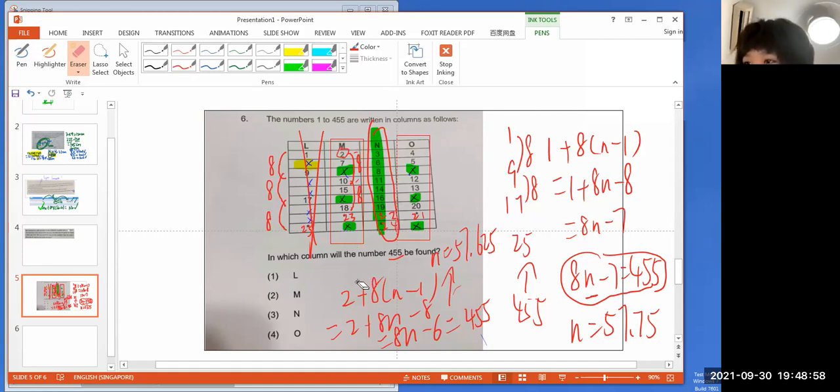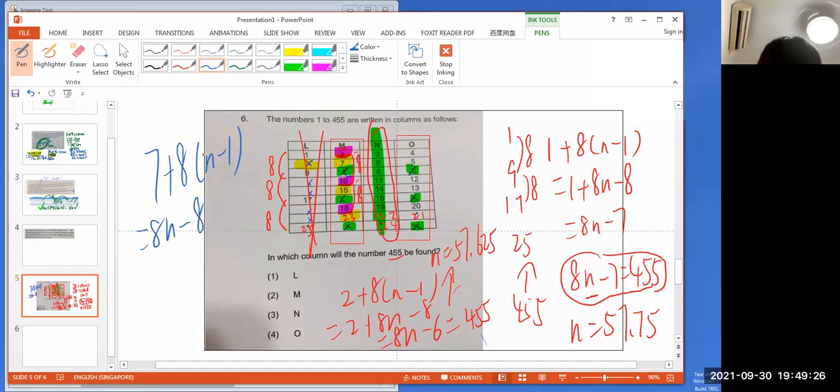Okay, then you need to test for the 7 and 15 also, because we already tested the 2. So the 2, 10, 18 won't happen already. So we need to test for 7, 15, 23. The first number is 7, then 8 times n minus 1, so 7 plus 8n minus 8, then minus 1.